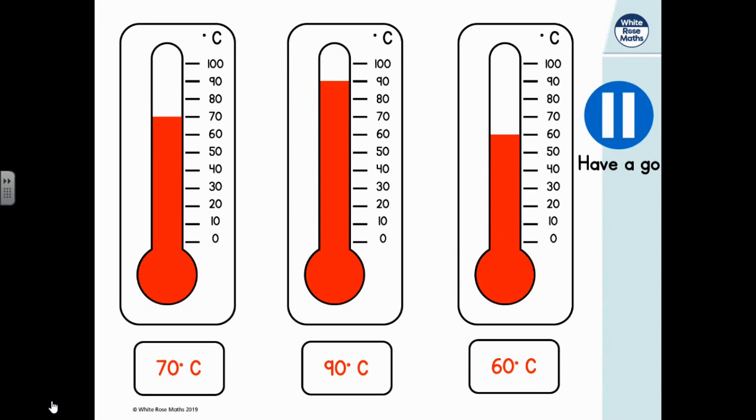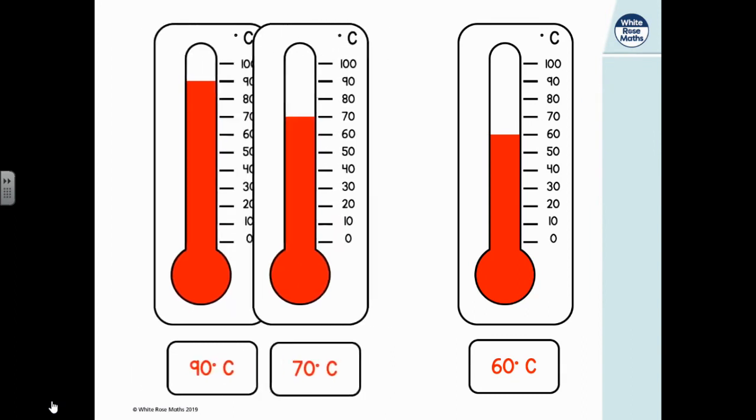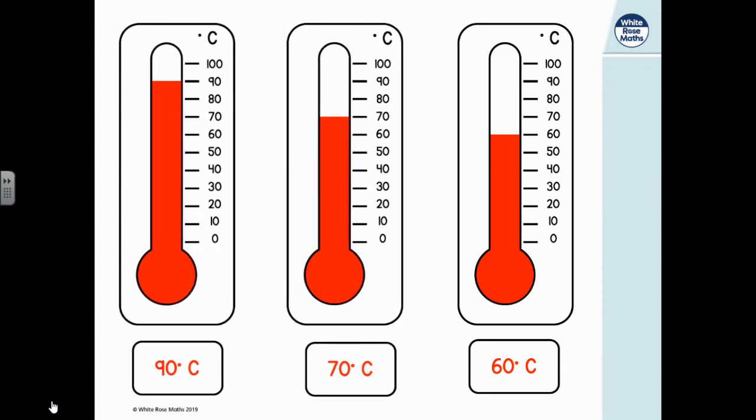Pause the video here to have a think. That's right, they weren't taken in this order. The 90 would have been first when the tea was hottest, and then it would have cooled a little to 70, and then cooled a little bit more to 60.